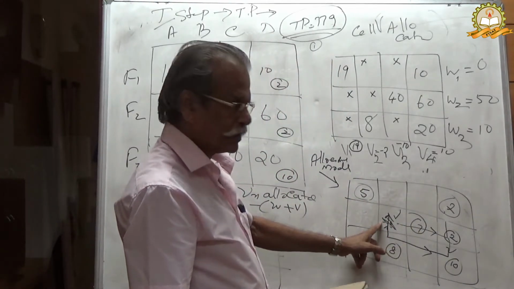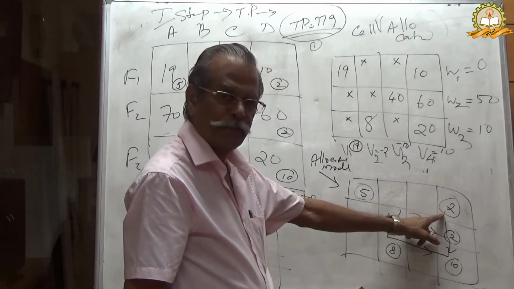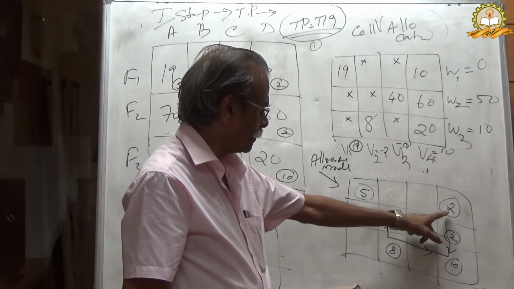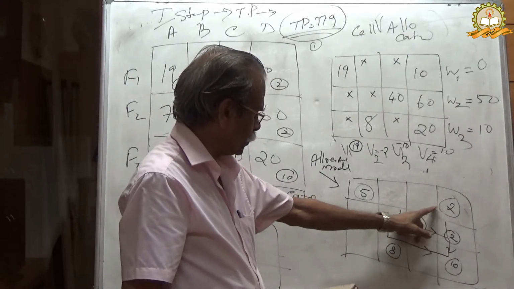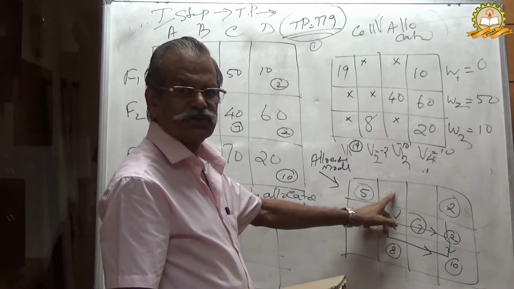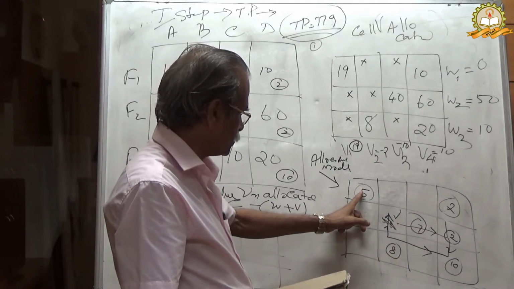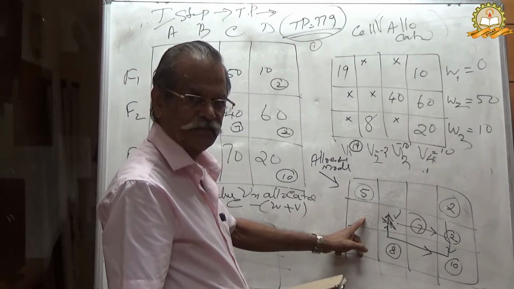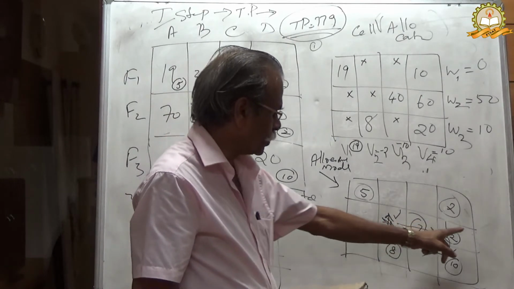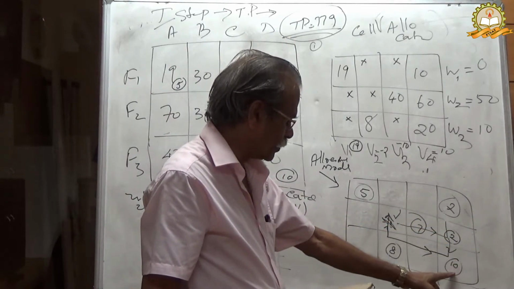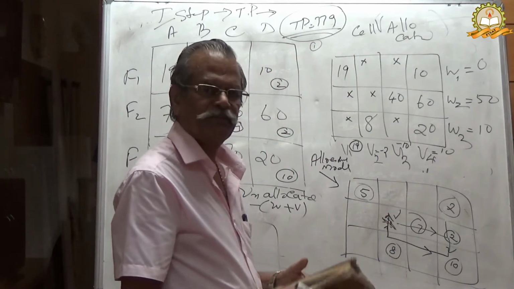Starting from here, allocated cell. If you go up, already this is allocated, whereas if you extend to the other side, this is unallocated. Therefore, the best path will be from here, go to the extreme right, down allocated, again allocated, and up.